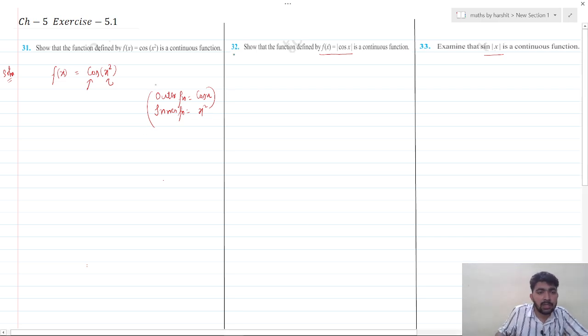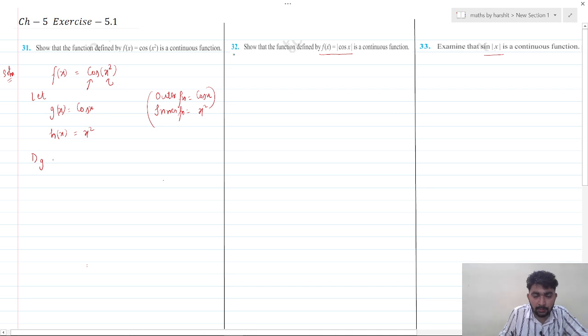Here we have f of x. Let our g of x, the outer function, be cos of x, and h of x be x square. First of all we need to find the domain of f, because we need to discuss continuity on the domain. So first we find the domain of g.